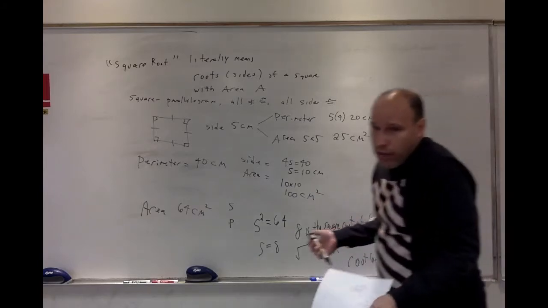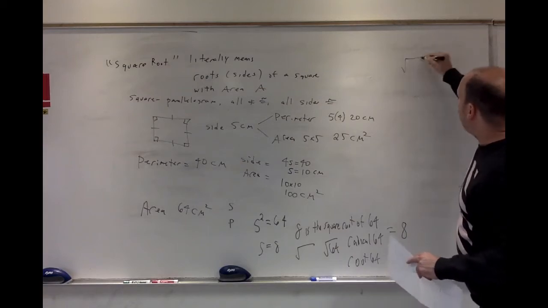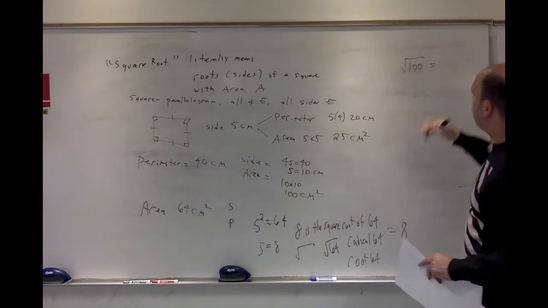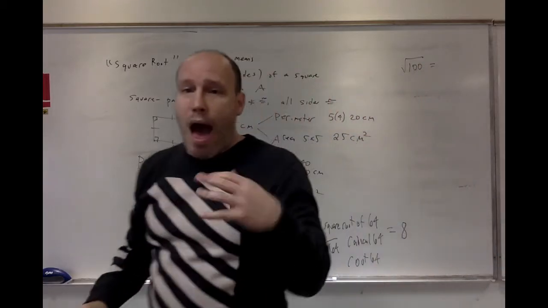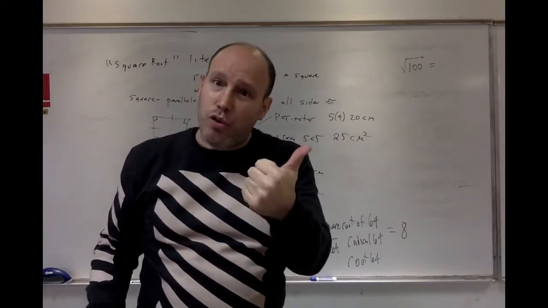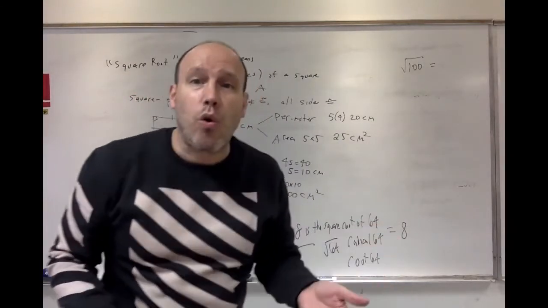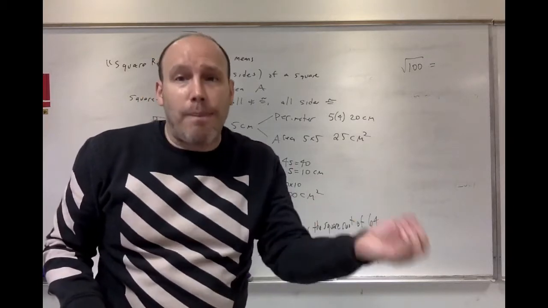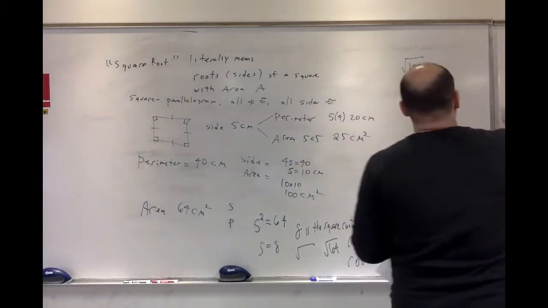Now, I might ask you, what is this? And you would say, that's the square root of 100. Geometrically, I have a square whose area is 100, therefore the root of that is 10. Or maybe you've learned something times something equals 100. That's also 10.